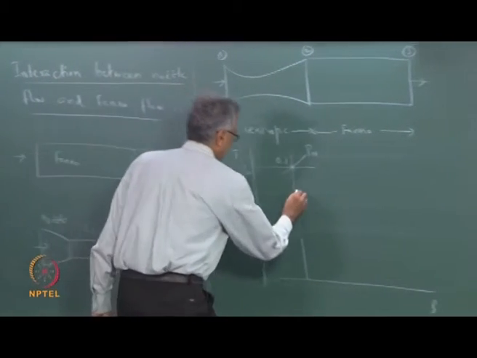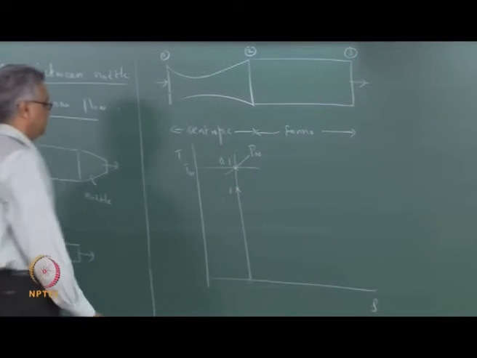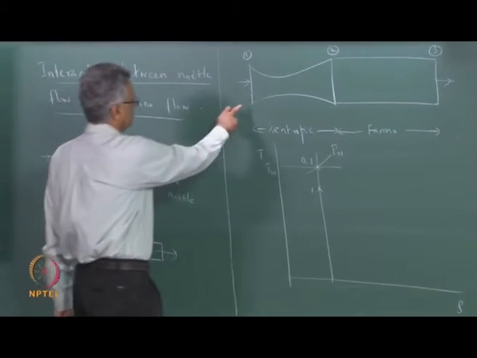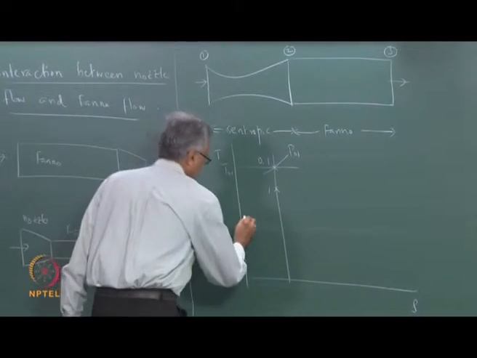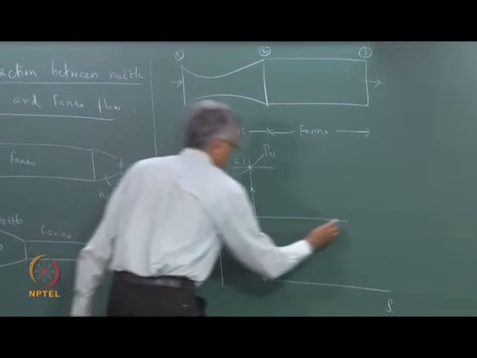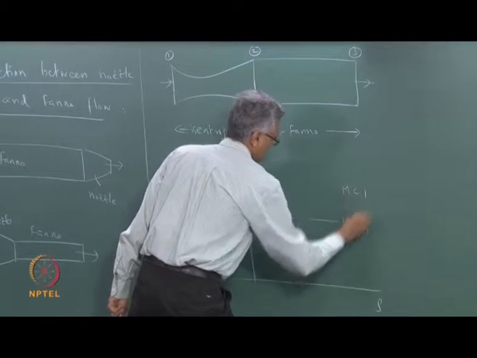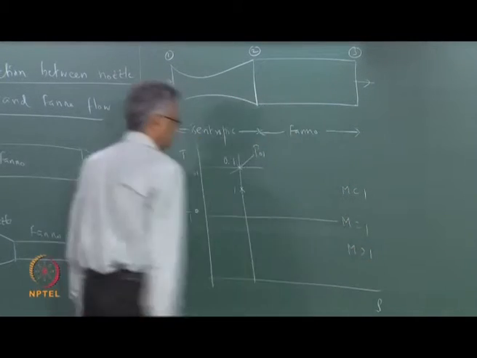We start at a subsonic state which is 1 as given here. That is the subsonic state where the Mach number is less than 1, and let us say that this is T star corresponding to this value. So, this is M equal to 1, and this is M less than 1, and this is M greater than 1.